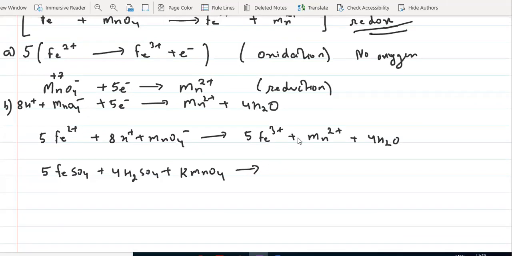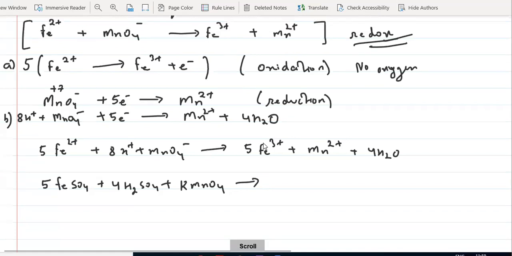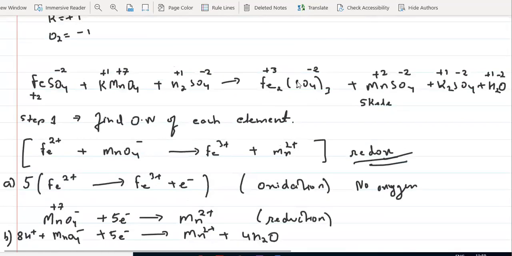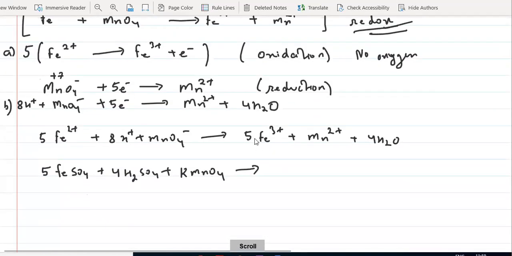Now see the product side, everyone. Fe3 plus was with what? Fe2(SO4)3. Think about it. One molecule of Fe2(SO4)3 gives 2 Fe3 plus, and here I'm having 5 Fe3 plus. So it should be 5 by 2 Fe2(SO4)3.